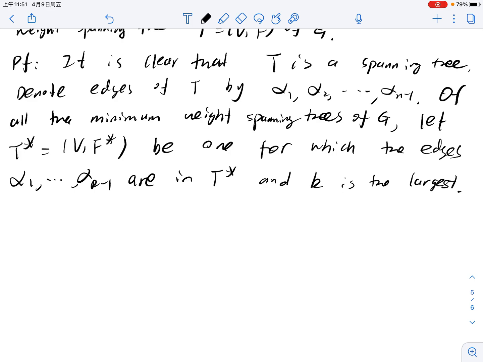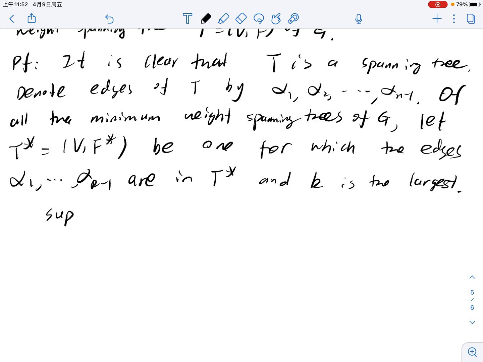Here alpha_1, alpha_2, to alpha_(n-1) are already in the order in which they are put into the tree. So here also we find the minimum weight spanning tree with the largest number of common edges with T.